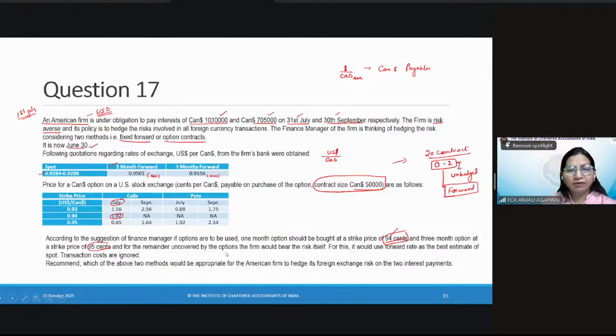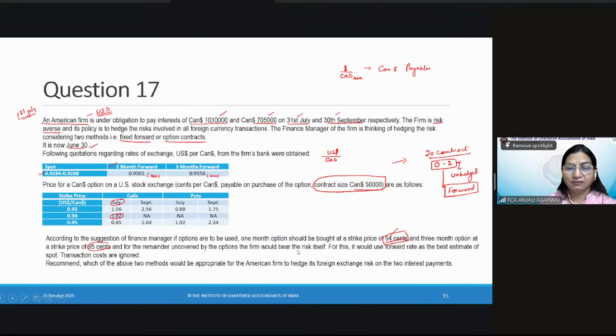The remainder will be uncovered by the options. The firm would bear the risk itself. Had the word been risk averse, we would have gone for a forward contract. However, it's given that as per the finance manager, the remainder remains uncovered. Then we will not go for forward contracts, but would use forward as the best estimate of the spot.